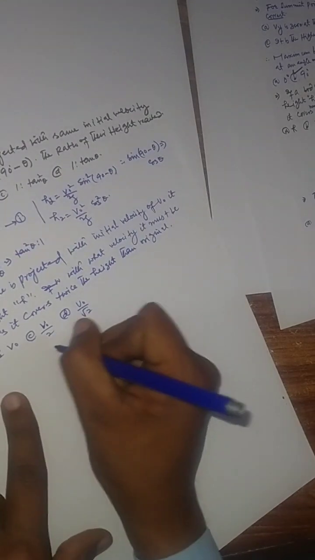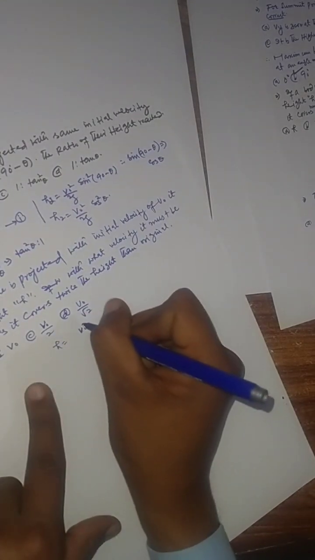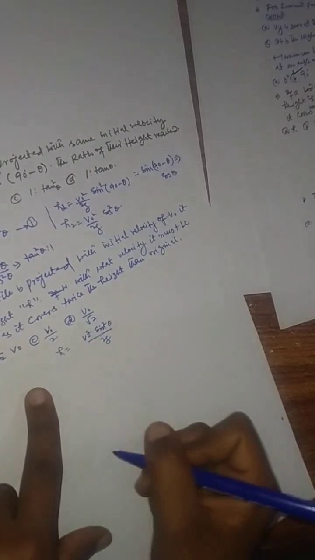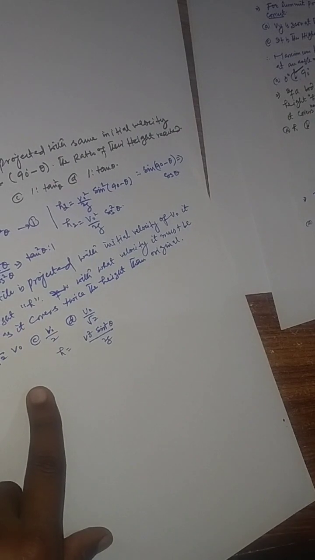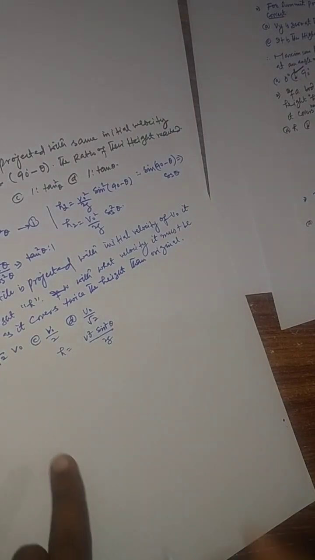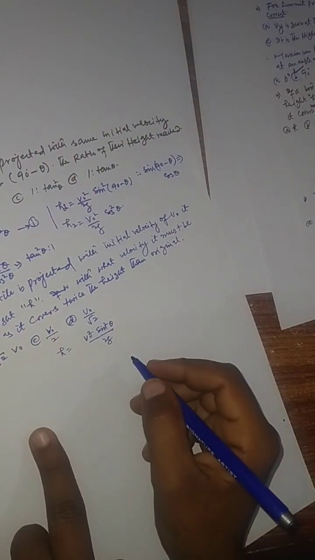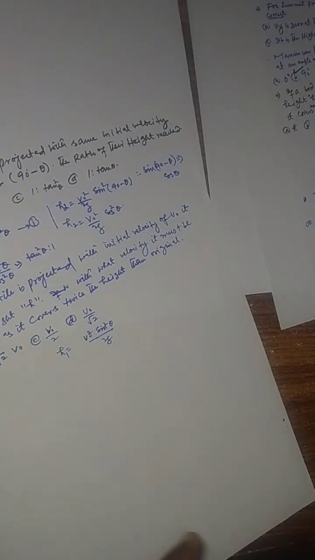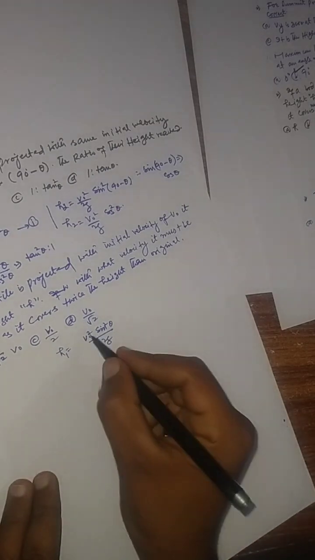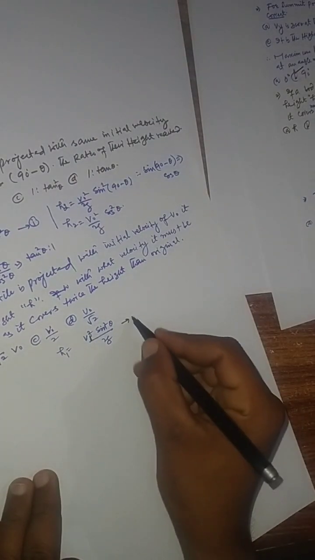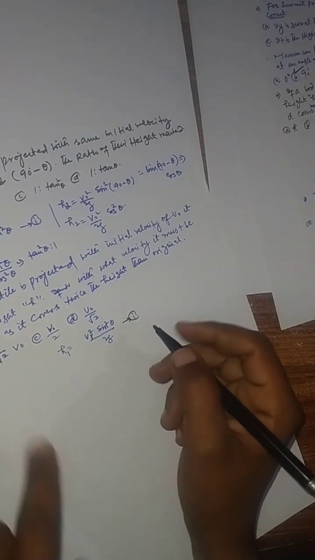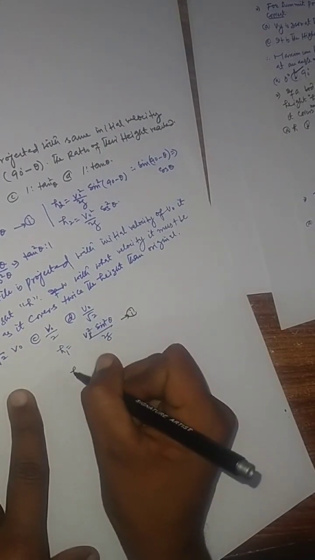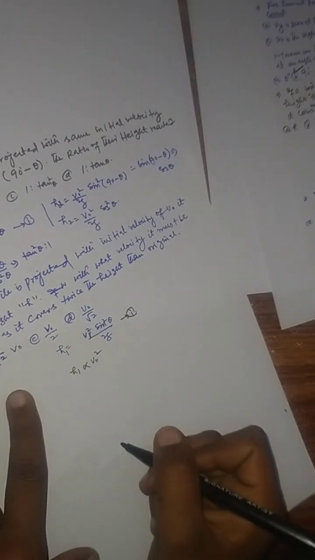Let's say h is equal to v naught square sine square theta over 2g, which is the formula for maximum height. Let's say this is h1 and this is v1, and this is equation 1. By neglecting the constant terms, we get height directly proportional to v naught square.